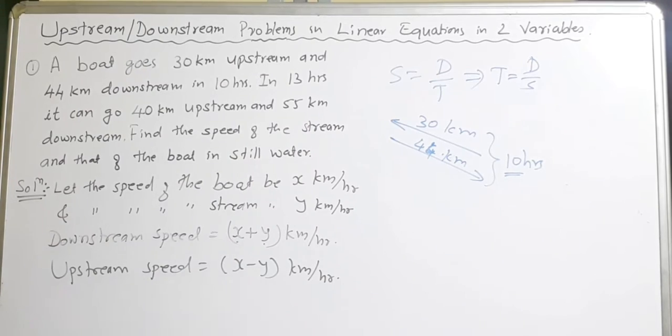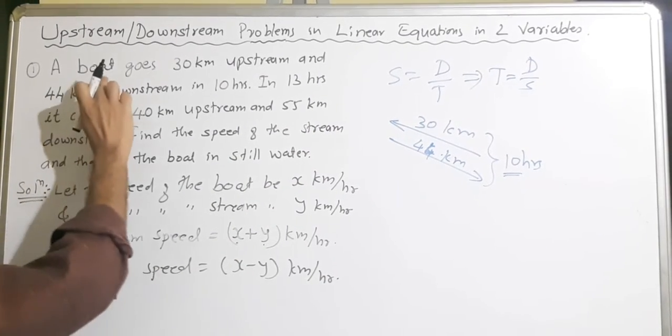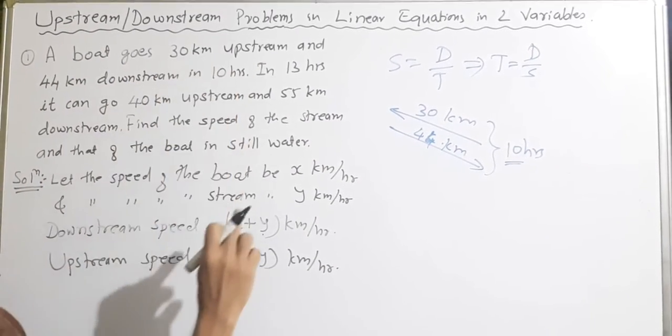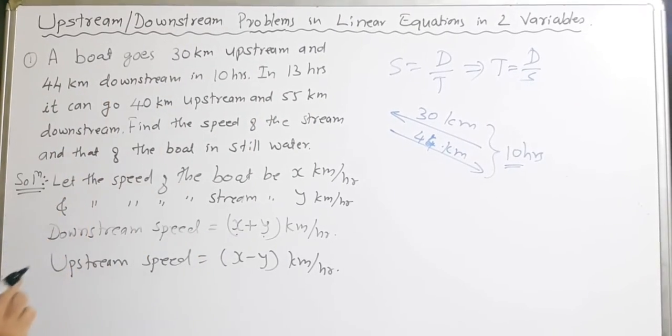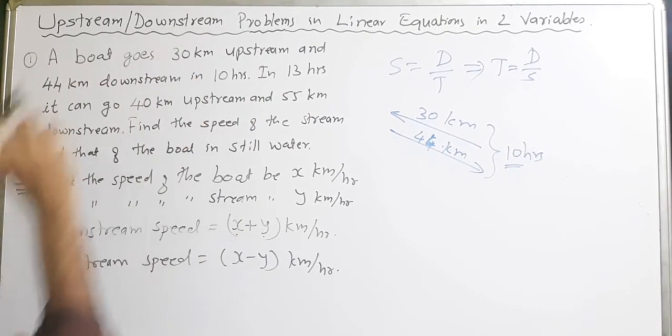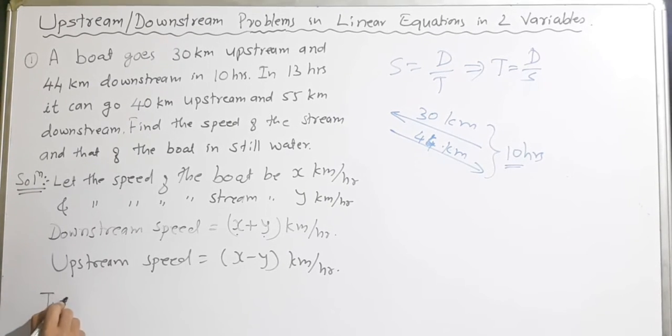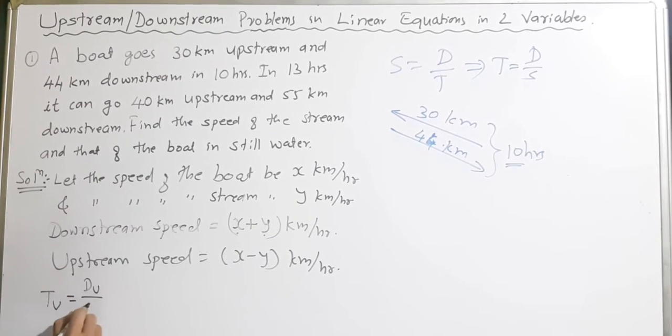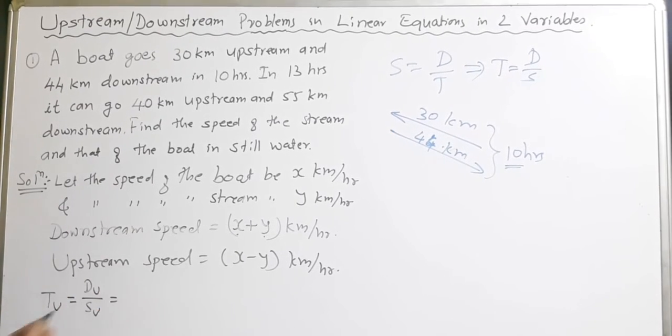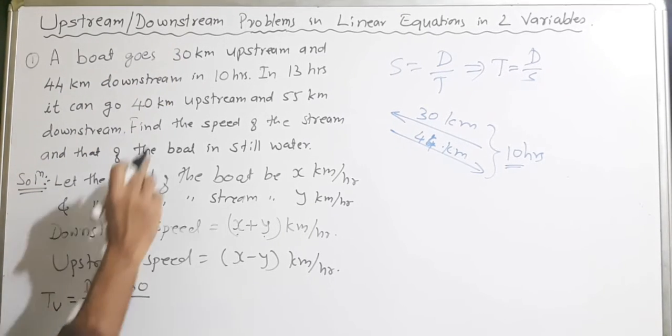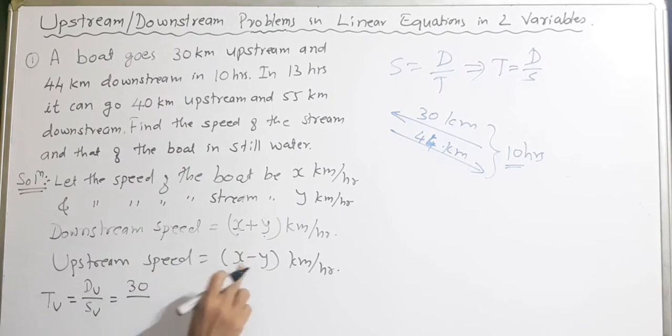So the boat goes 30 kilometer upstream and 44 kilometer downstream. Time taken to go upstream is equal to distance upstream upon speed upstream. This gives the time upstream as 30 upon x minus y.